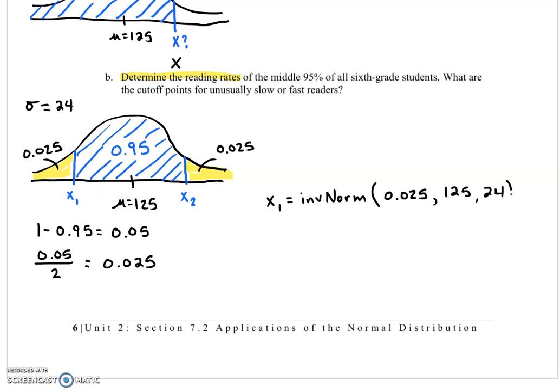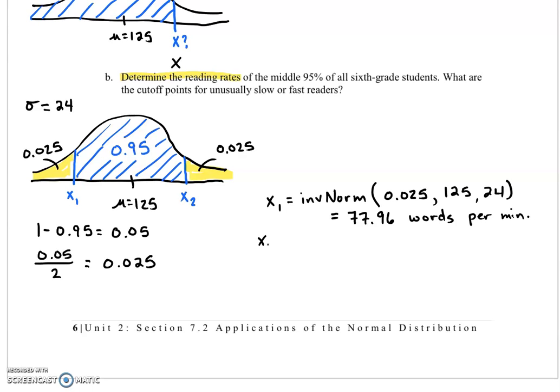The standard deviation is 24. So we get an X value of 77.96 words per minute. That gives us our lower boundary, the X1.